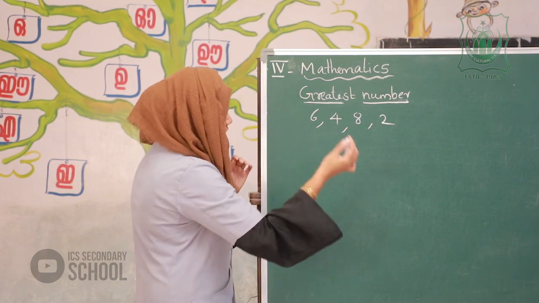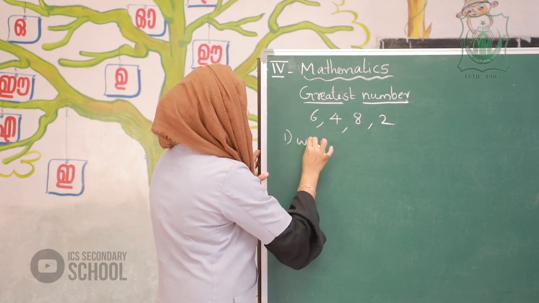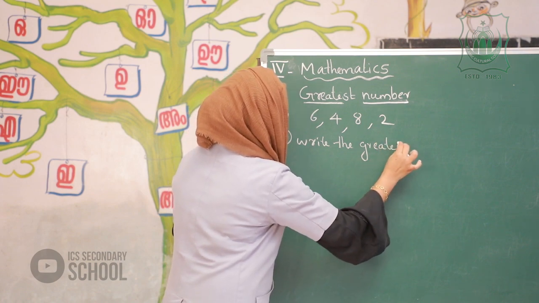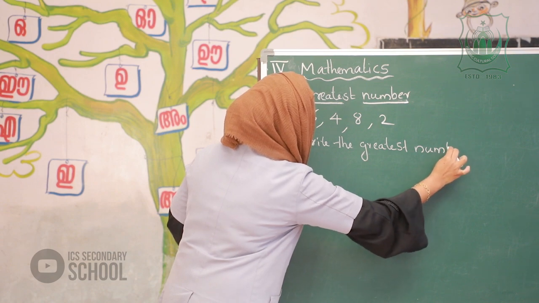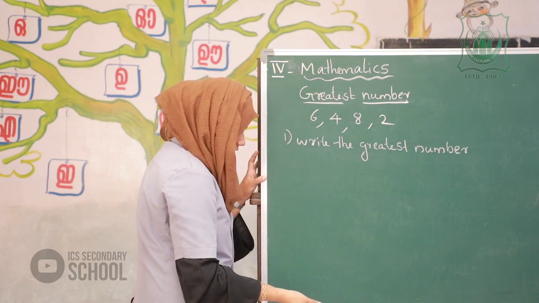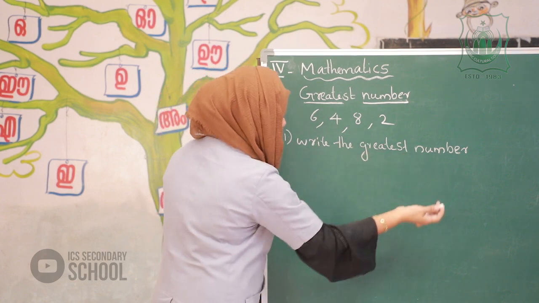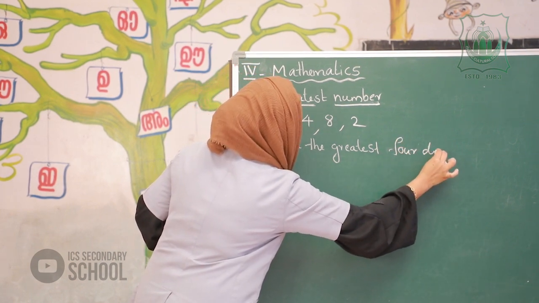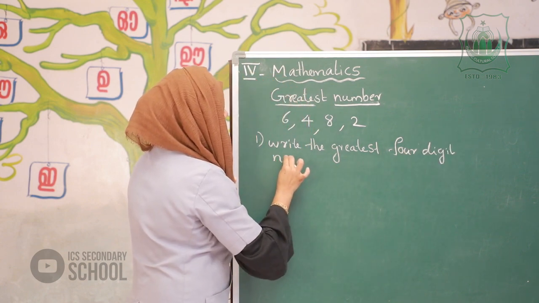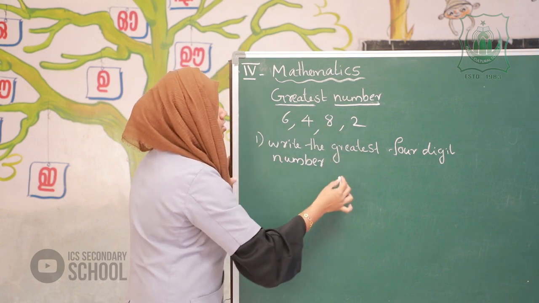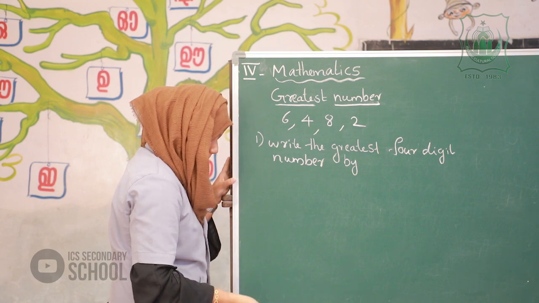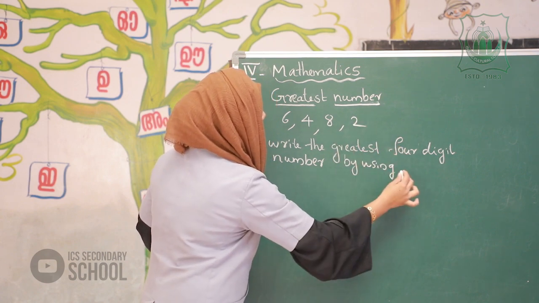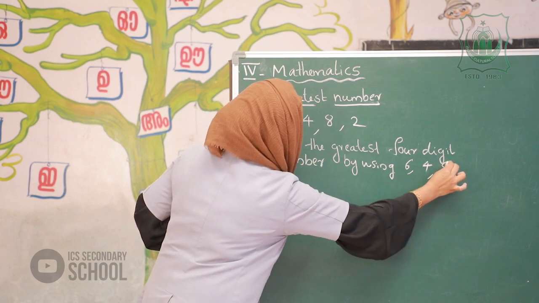The question is: write the greatest 4-digit number by using these digits, that means 6, 4, 8, 2.